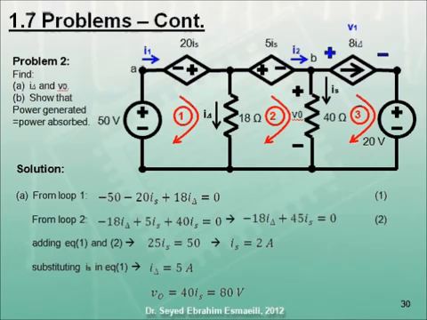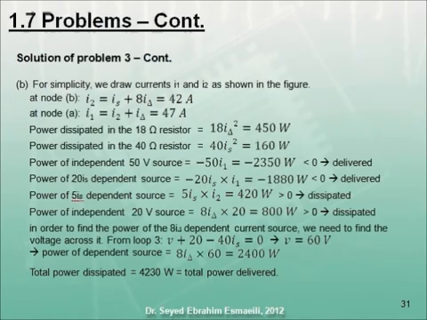Solving equations 1 and 2, we get IS equals 2 amps, I delta equals 5 amps, and V0 equals 80 volts. To calculate the power of the first and second dependent voltage sources, we need to find the current flowing in each of them.